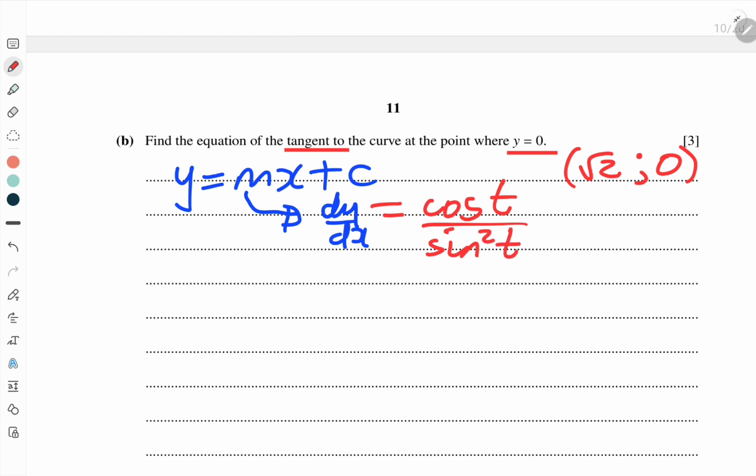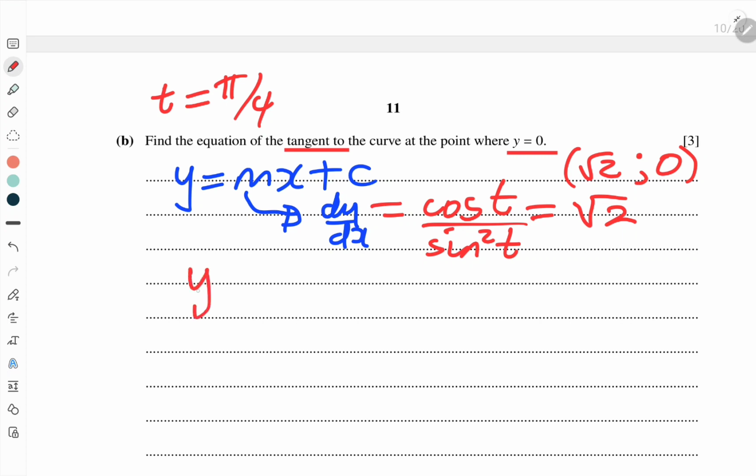But we know what the parameter t is. Our t was pi over 4. So we substitute pi over 4, and we get the square root of 2 as our gradient after substituting t is pi over 4 for cos t and sine squared t.